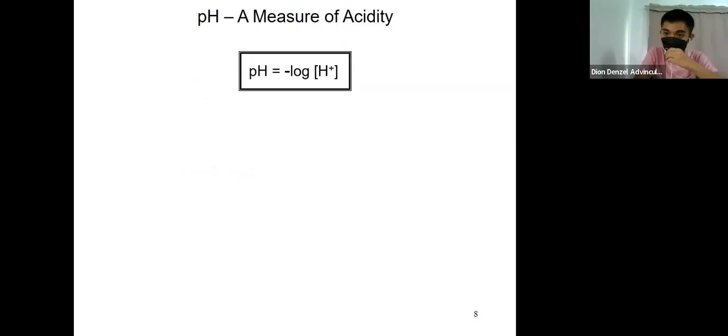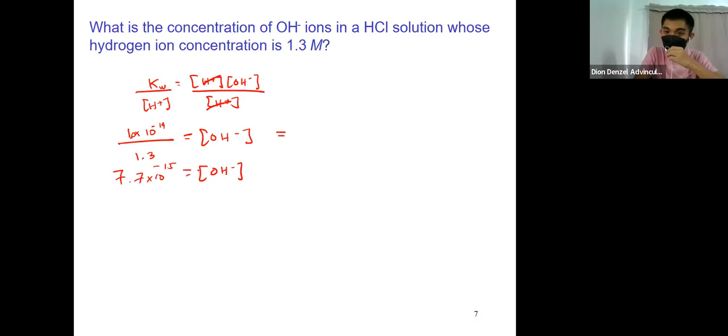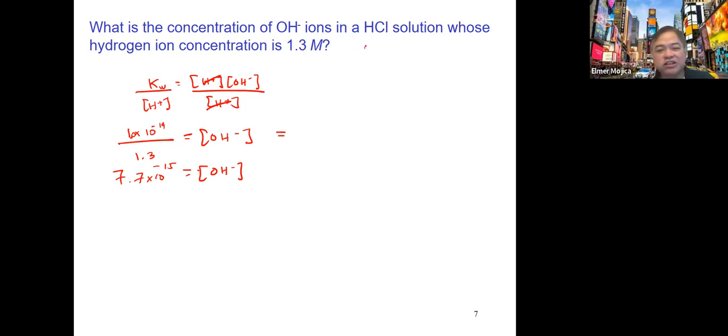Excuse me po, sir. Bali po, sir, hindi na po kailangan gamitin yung HCl sa pagsosolve. Ano mangyari sa HCl? So usually, we dissociate siya to H plus and Cl minus. Kung ano yung 1.3, yun din yung 1.3. Tama?